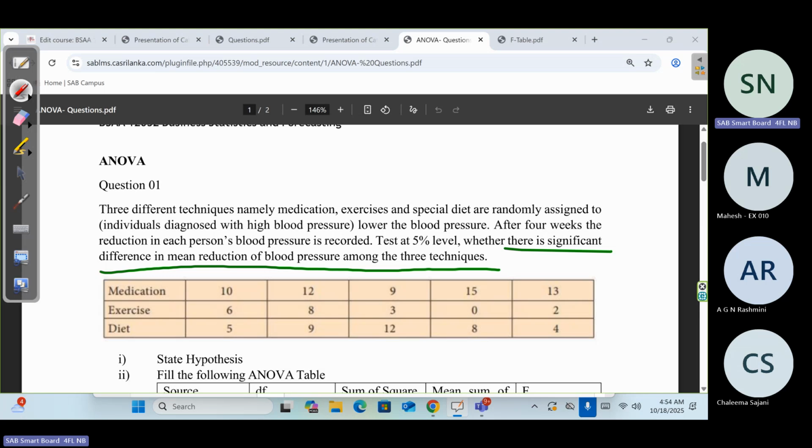Then easy, no? Okay, then here H naught is rejected. It means all the mean values are equal is rejected. Then it means there is a difference. Understood?